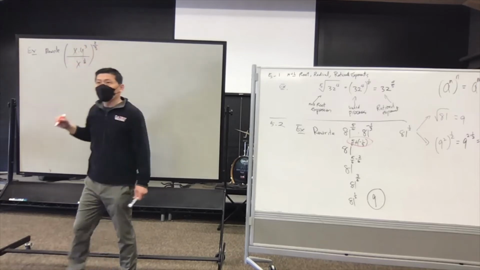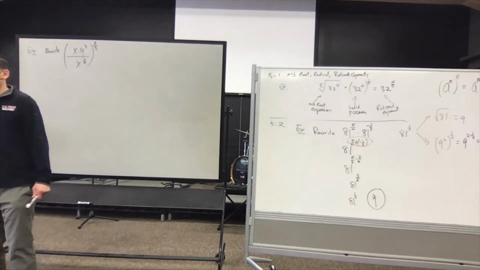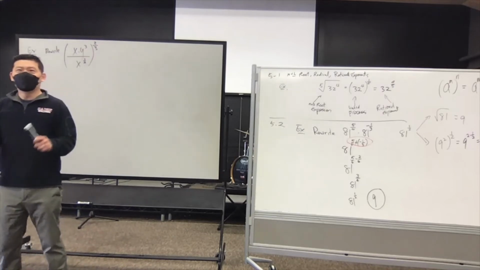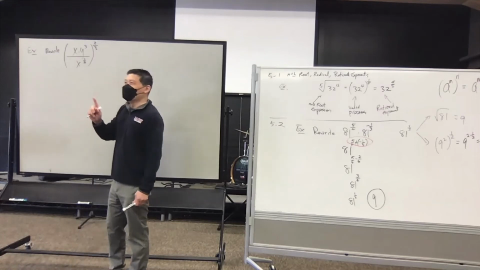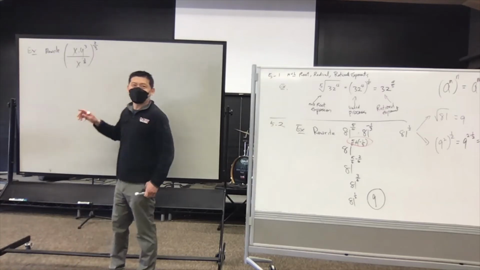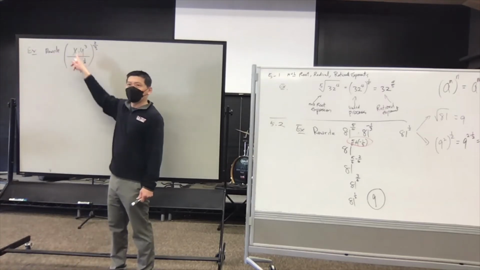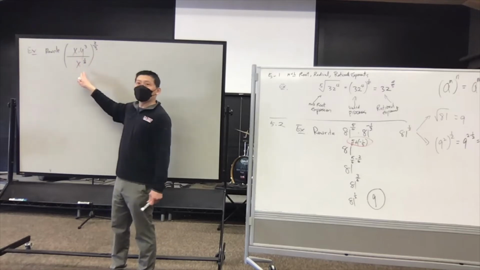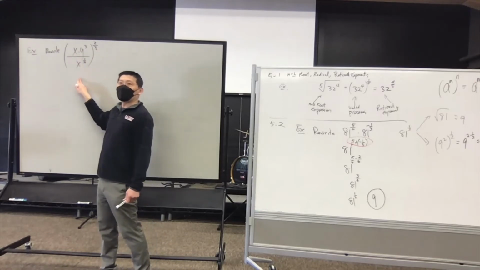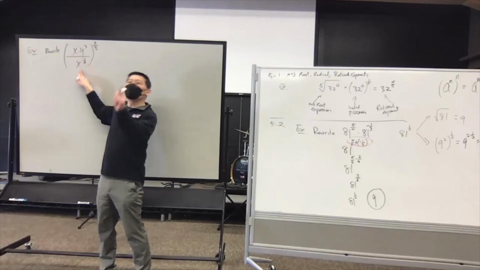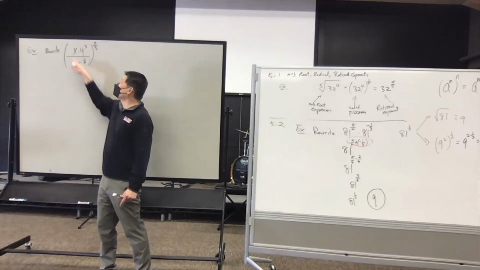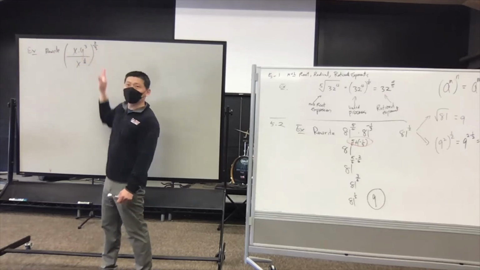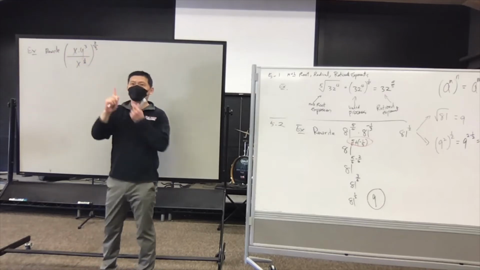It's not addition or subtraction, so you cannot do weird stuff. I saw some of you make mistakes as if this is a plus sign. That means your denominator is the only denominator for this whole expression, not a denominator for the x and a denominator for the y's cube. That's number one.